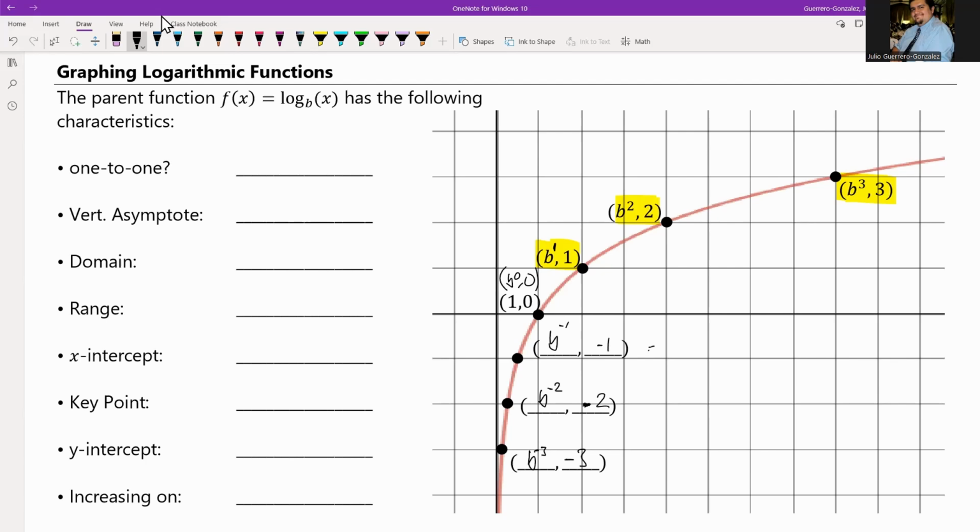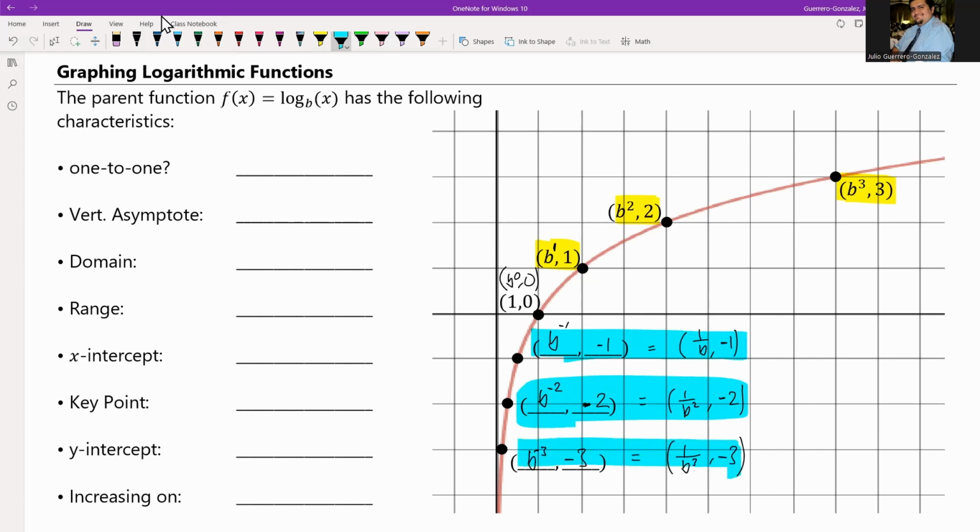And these can also be rewritten: 1 over b, comma -1; 1 over b squared, comma -2; 1 over b cubed, comma -3. So all of these are equivalent statements of the same point. All right.